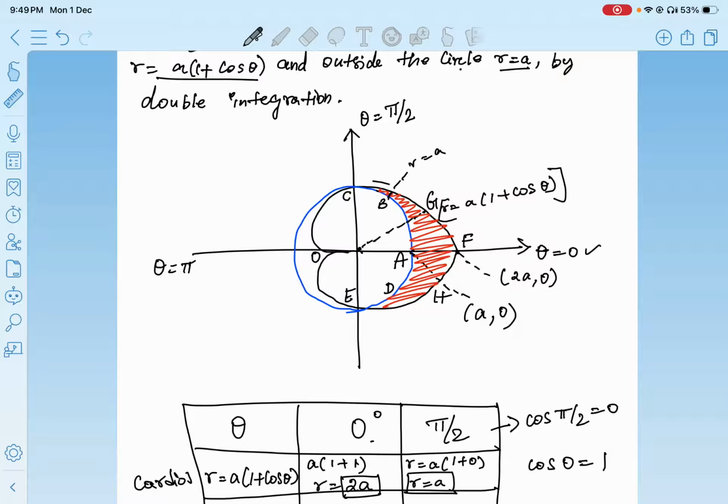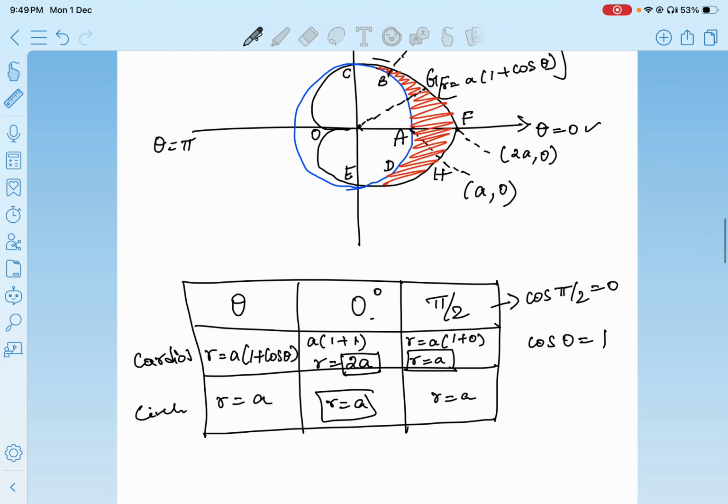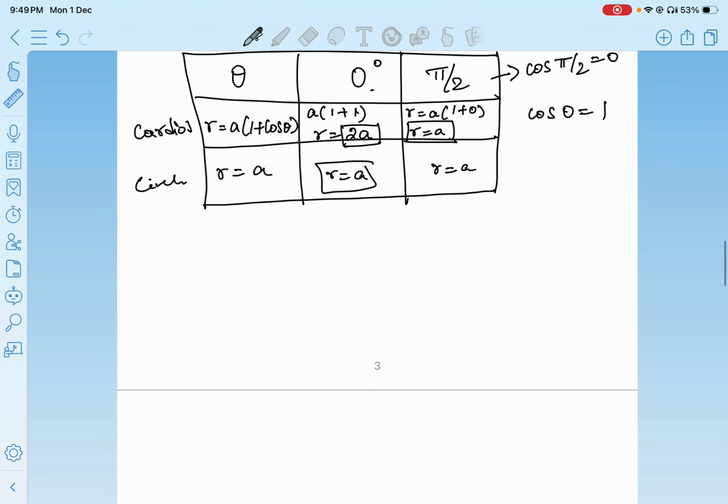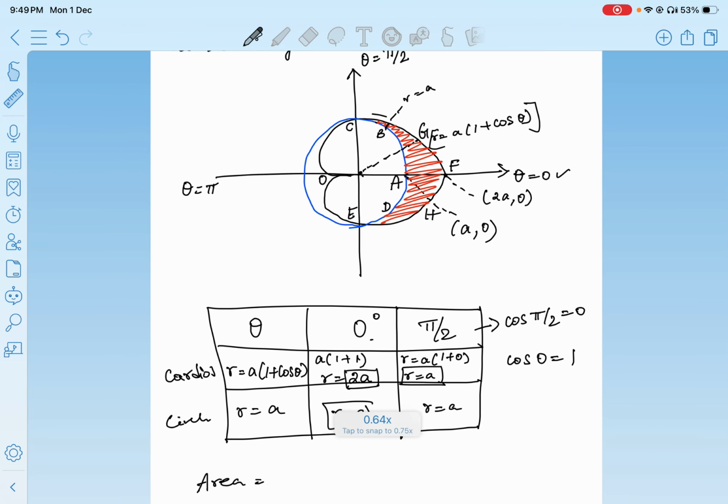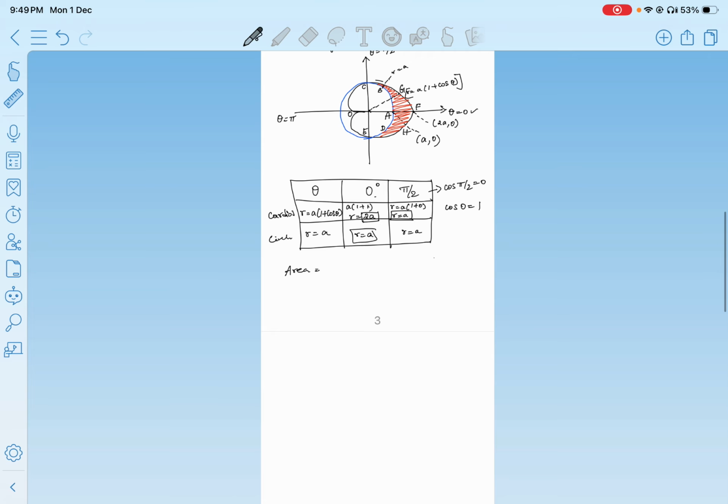Now, according to your marking, you have to take the areas. So what is the area formula? We are going to find the area. What is the area we want to find here?